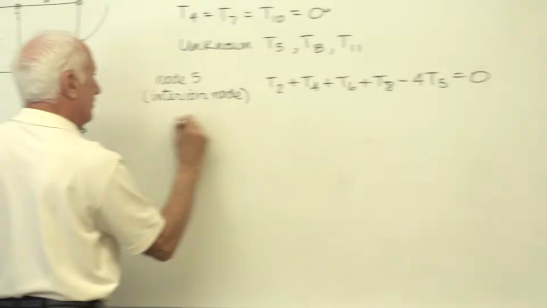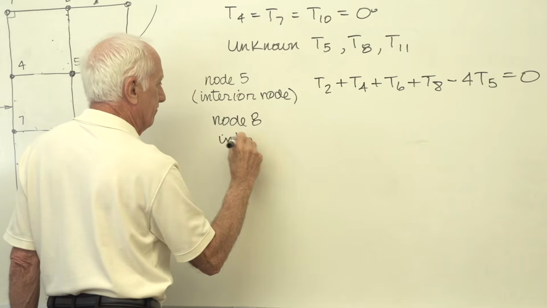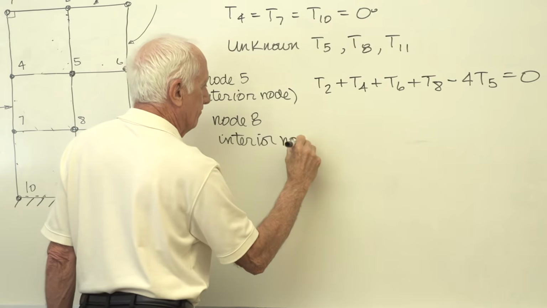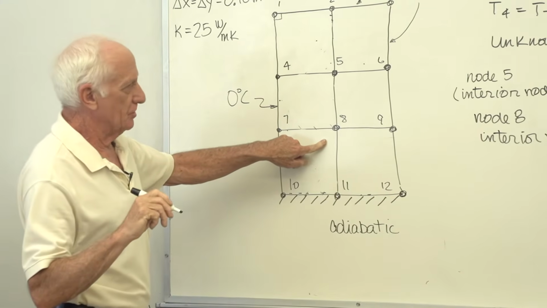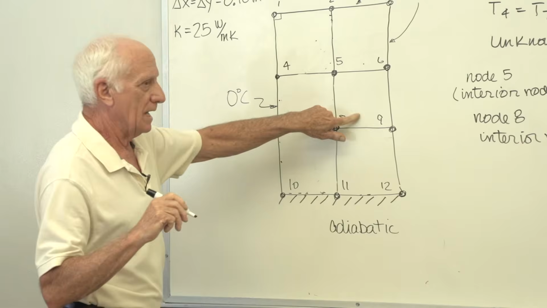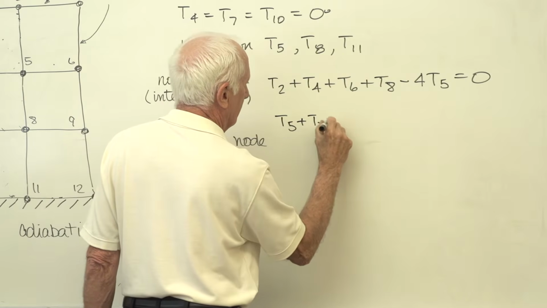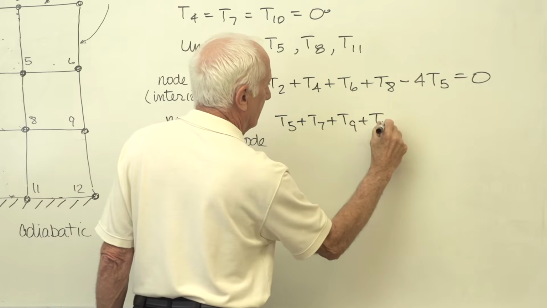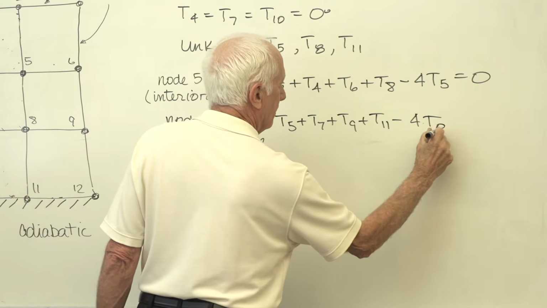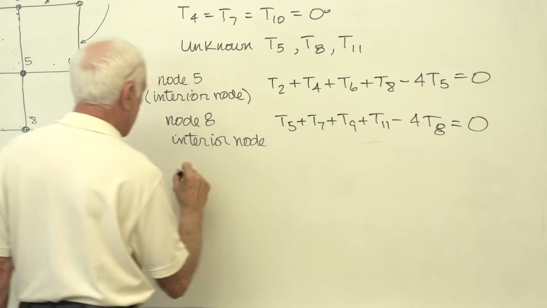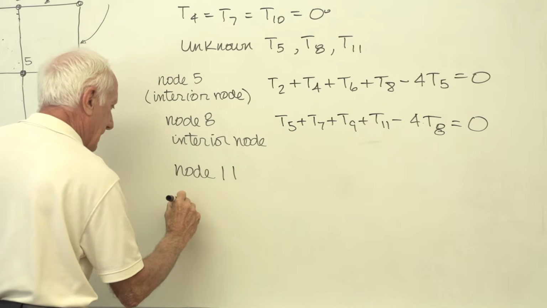Node 8, interior node. Okay, add the 4 surrounding temperatures of the center node, 5, 7, 9, 11, minus 4 times the temperature of the center node equals 0. Node 11, adiabatic boundary.